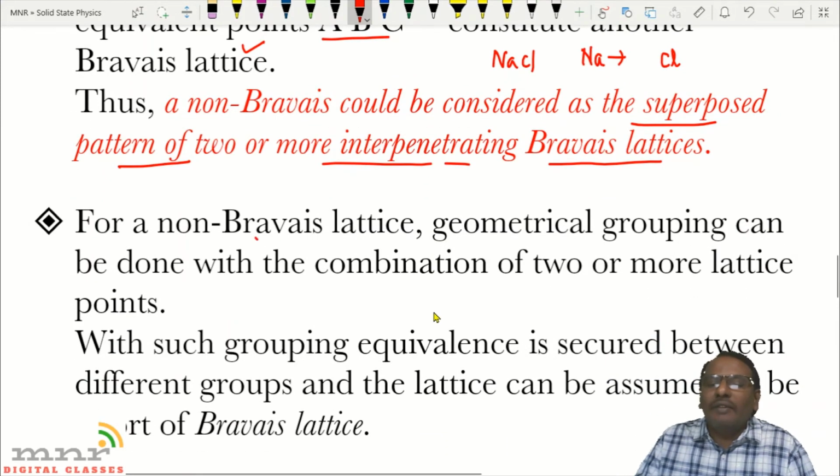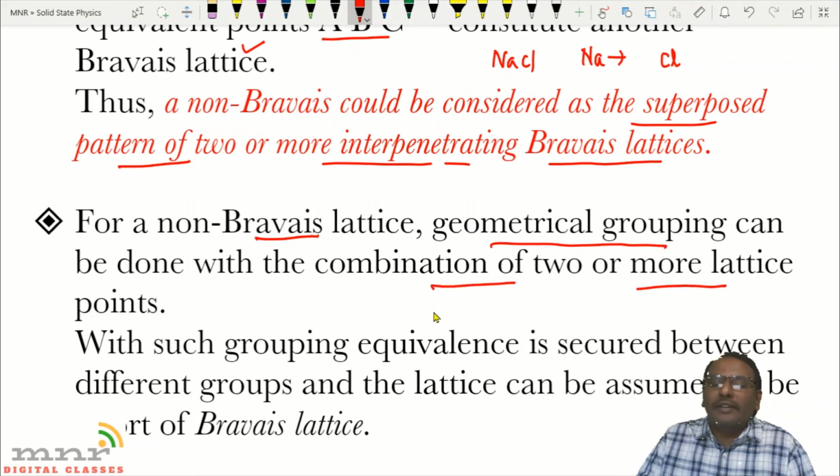For a non-Bravais lattice, geometrical grouping can be done with the combination of two or more lattice points. Usually, in the case of a Bravais lattice, we have single lattice points, whereas in the case of a non-Bravais lattice, we take the combination of two or more lattice points, and it is treated as equivalent to a single lattice point, so that a non-Bravais lattice can be converted into a Bravais lattice.